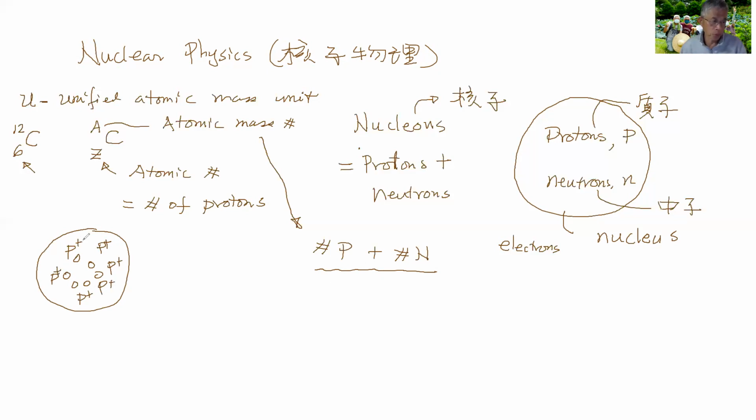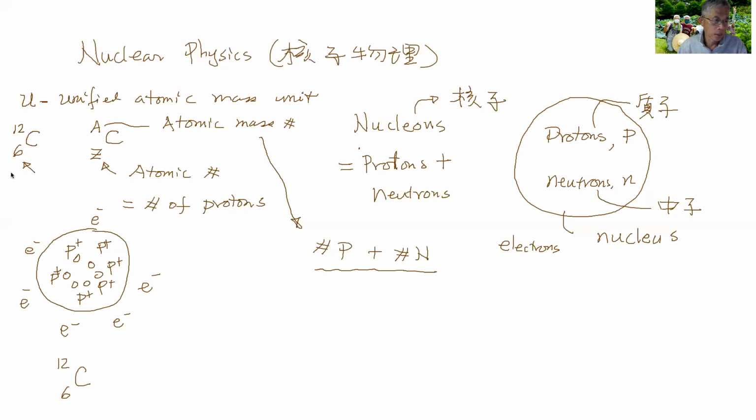Okay? 6 protons. And so this is a C, and I have 6 electrons, right? 1, 2, 3, well, they have orbits and all that. They're orbital, right? 1, 2, 3, 4, 5, 6. Okay, so that's a C612.